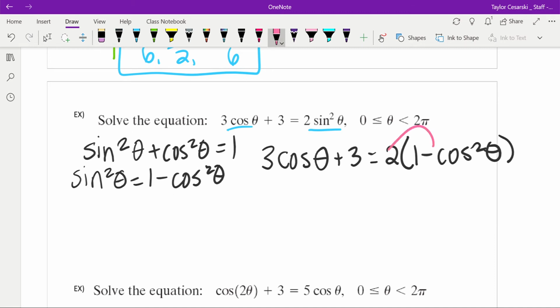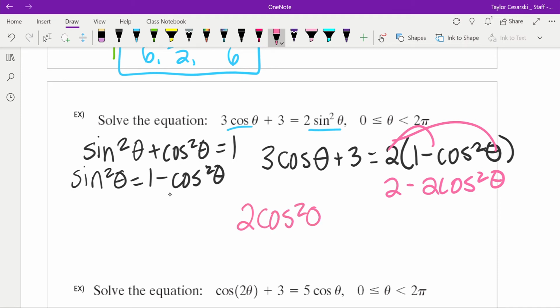So I'm going to go ahead and distribute this. So I get 2 minus 2 cosine squared of theta. And I'm going to go ahead and get everything on one side. So add 2 cosine squared and minus 2. So 2 cosine squared of theta plus 3 cosine theta plus 1 equals 0.